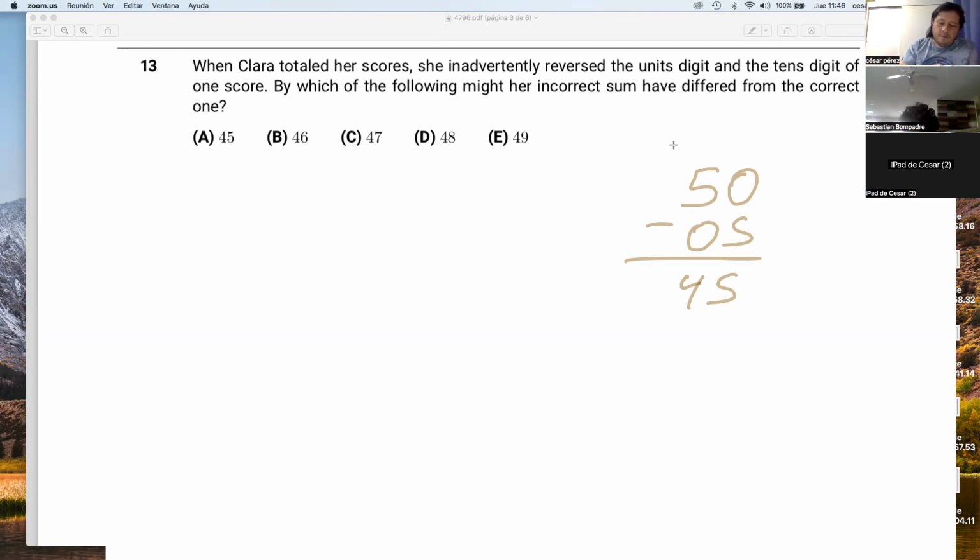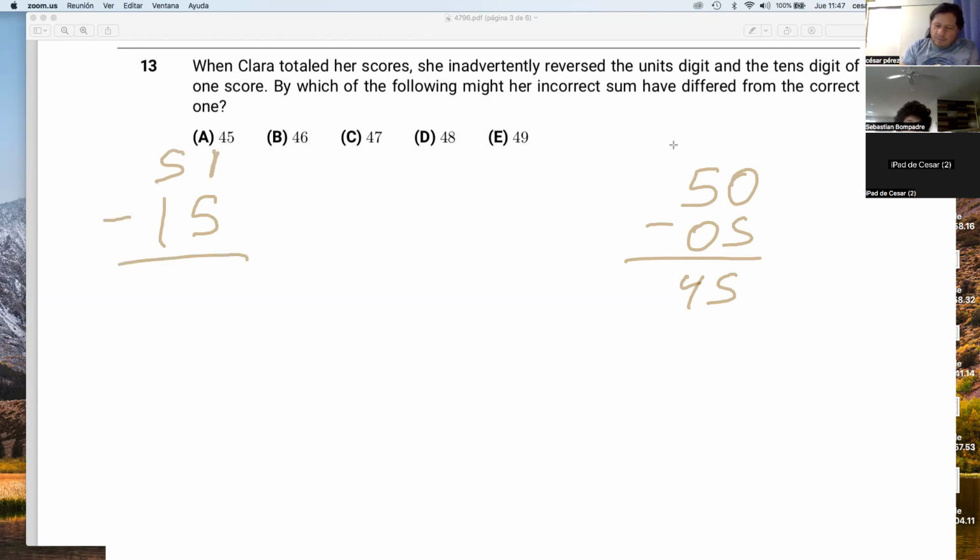15. Okay. If we change the units digit and the tens digit, then it's 51. 51.